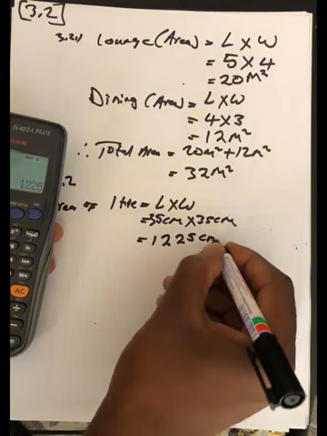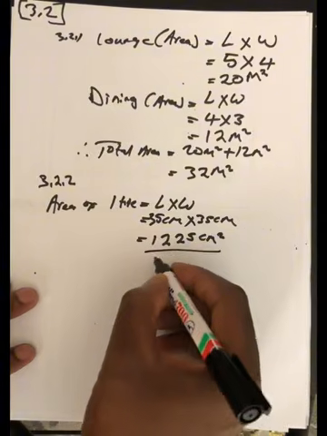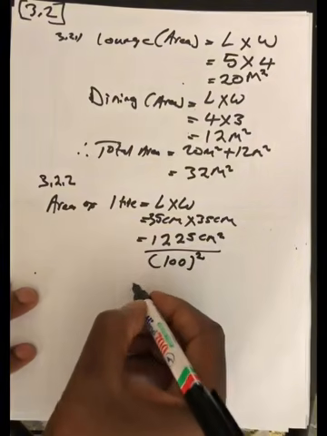1,225 centimeters squared. But if you look at the previous answer, it is in meters squared. So obviously we must also convert this to meters squared. We know that the relationship between meters and centimeters is 1:100. Now we are dealing with squared, so we are going to divide by 100 squared.